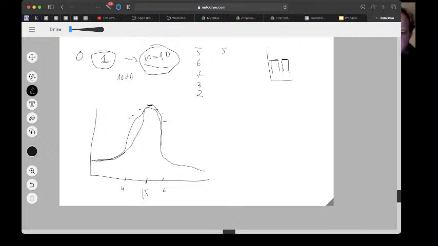So here you have X is normal, where X is the number of heads in n coin tosses.